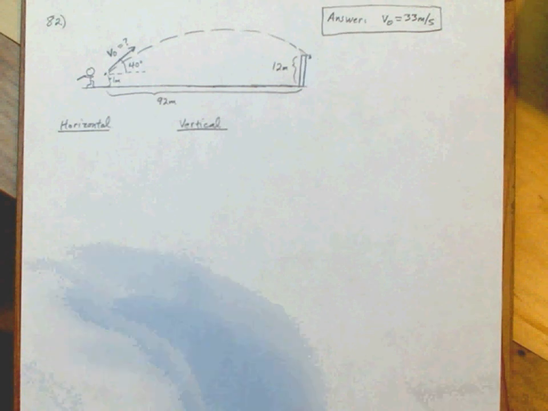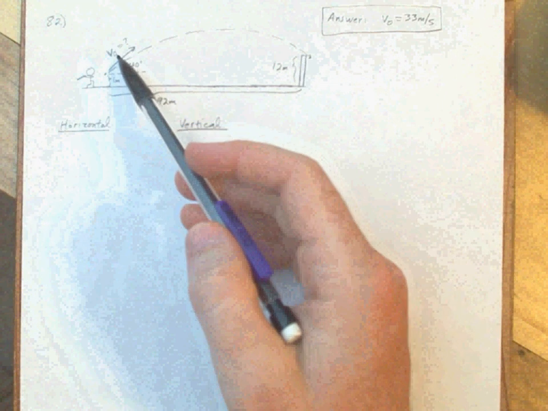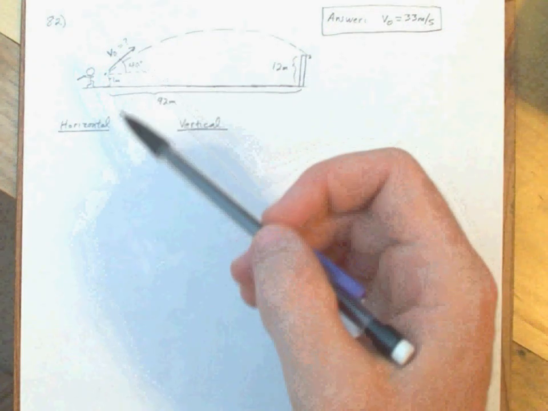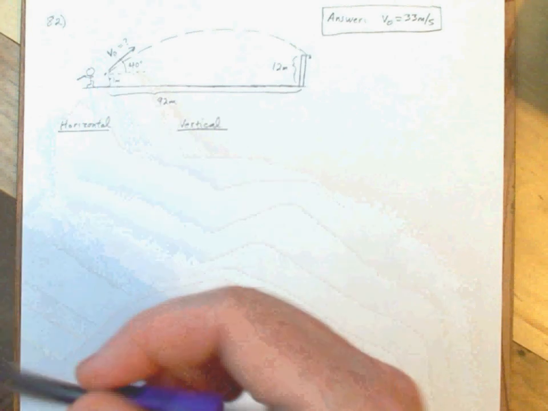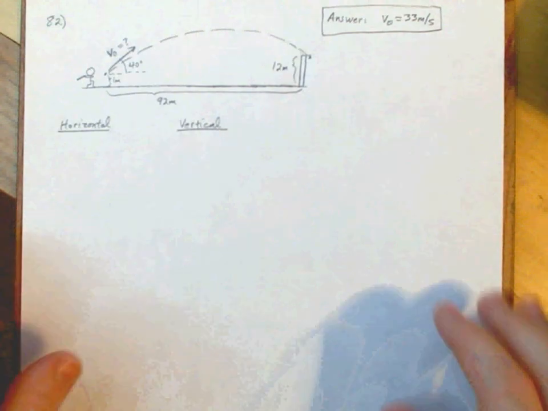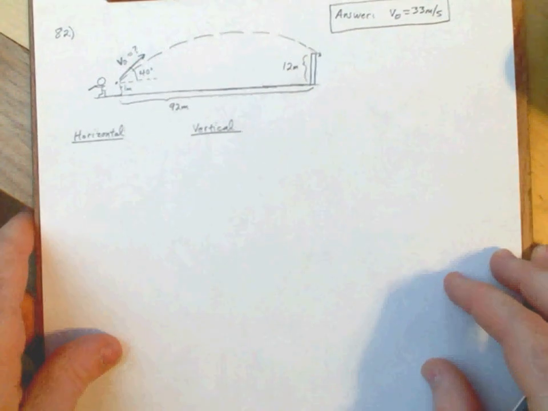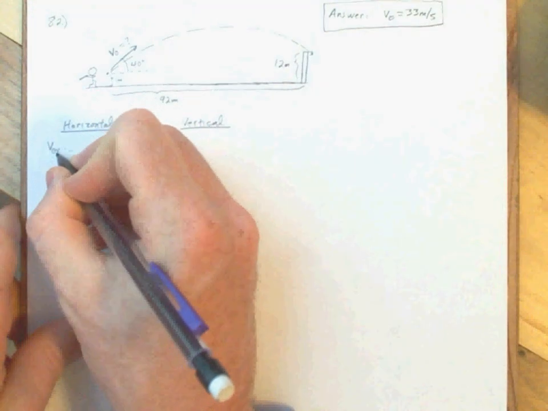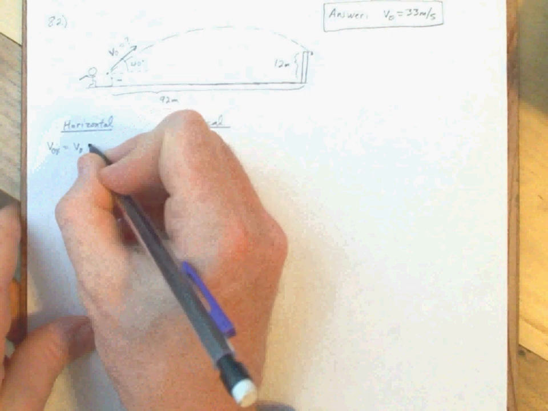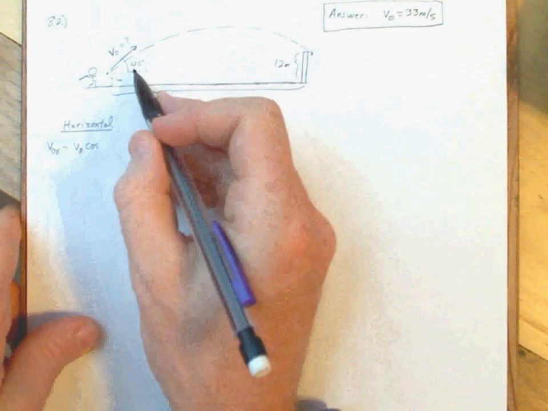I'm going to make a variable list, listing what I know horizontally and vertically. Because I don't know this whole V0, what I'm going to do is write the horizontal and vertical velocities in terms of that and just leave V0 as a variable in there. So, horizontally, my original x velocity is the whole V0 times the cosine of 40 degrees.